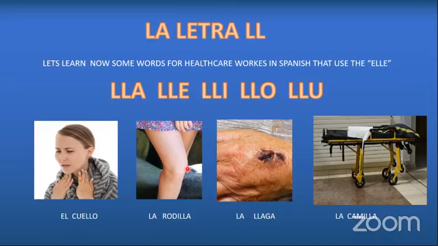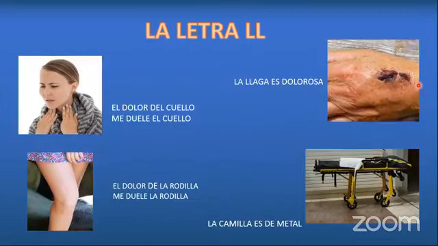La rodilla, and you can hear la rodilla, la rodilla, la rodilla. Three ways. The sore, la llaga, la camilla. Next one here.